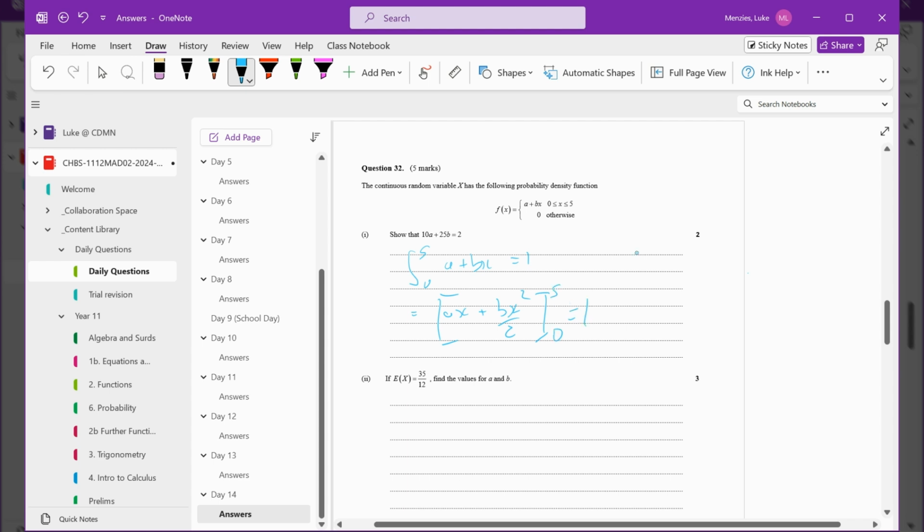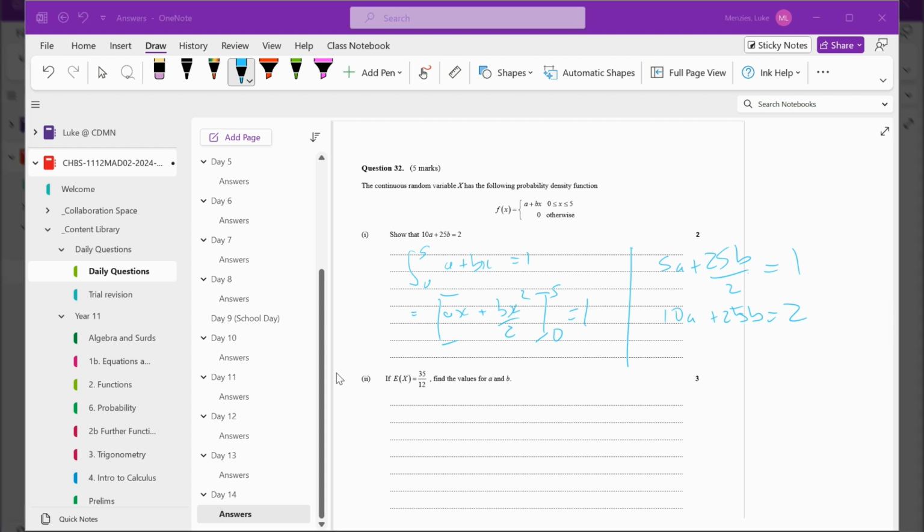I'm going to ignore the 0 part, that just goes away, and I substitute in for the x, which gives me 5a plus 25b over 2 is equal to 1. I want to get rid of that 2, so multiply everything by 2, which gives me 10a plus 25b is equal to 2 as required. I'll pause there because I know what's going to happen in the next one.